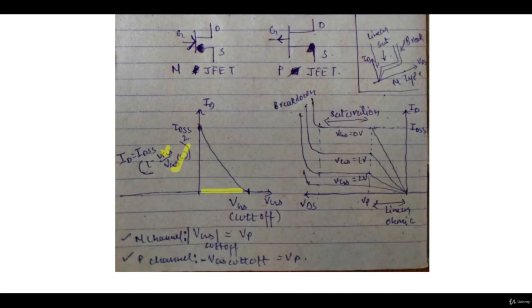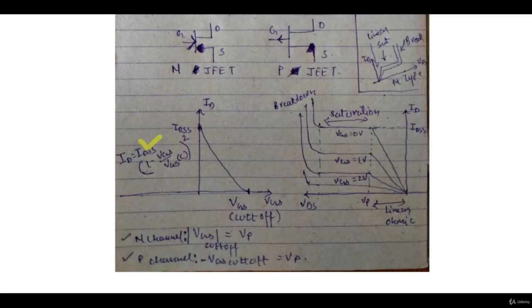In n type, what was there? In n type, we had VGS in this range, which was negative, and VGS cutoff was also negative. So for n channel, VGS and VGS cutoff will be negative, and for p channel, VGS and VGS cutoff will be positive. That is one difference I wanted to make.